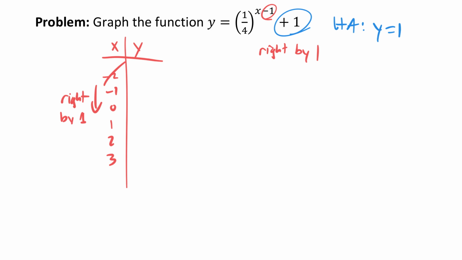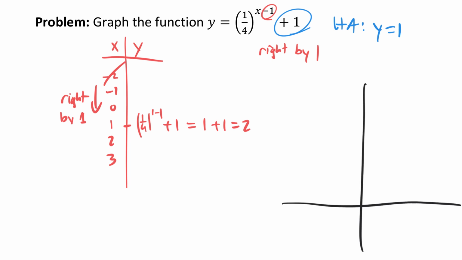I think 1 is actually kind of the center, because when I take (1/4) to the 1 minus 1, well, 1 minus 1 is 0. So this is 1, because anything to the 0 is 1, plus 1, which is 2. Okay, let's throw that asymptote on here.